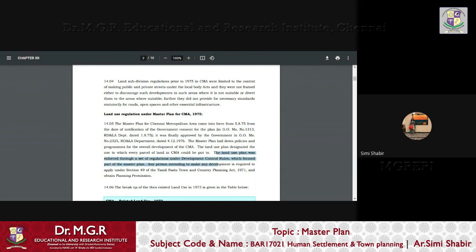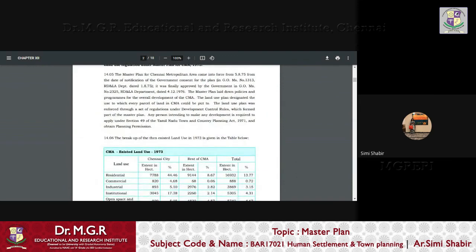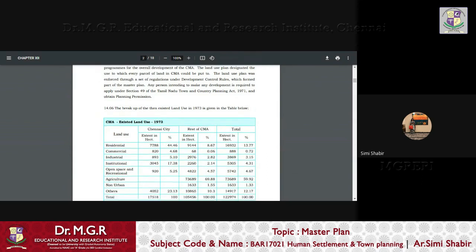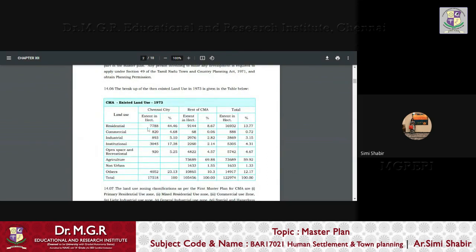And this was enforced through a set of regulations under the development control rules, known as the DCR, and that formed a part of the master plan. So the breakup of the then existing land use is featured below.